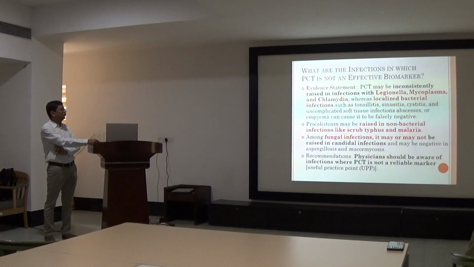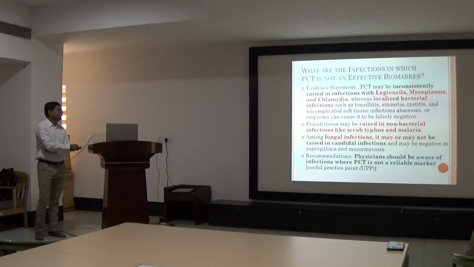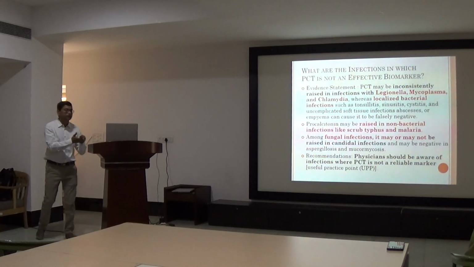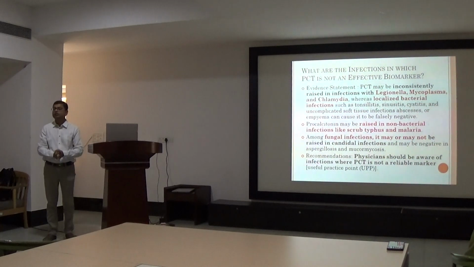So, malaria, scrub typhus, PCT will be raised. And this is the debatable problem. In fungal infection, you may or may not see a rise, as in candidal infection. I have 5-6 papers that I will discuss later on about fungal infection, because it is very tough in ICU to differentiate. Identifying bacterial infection is easy.